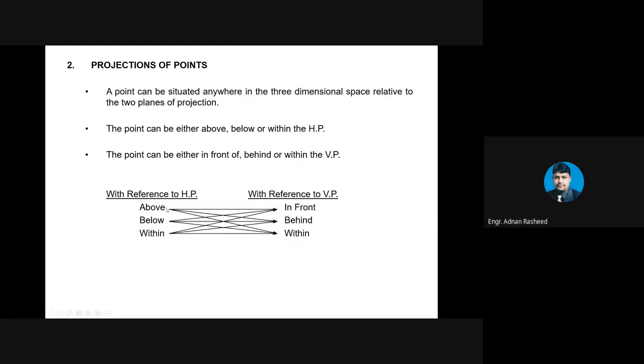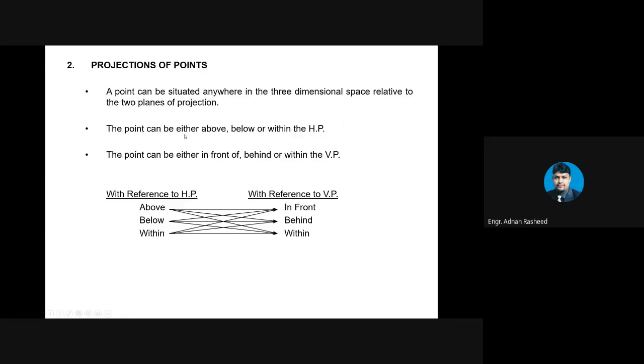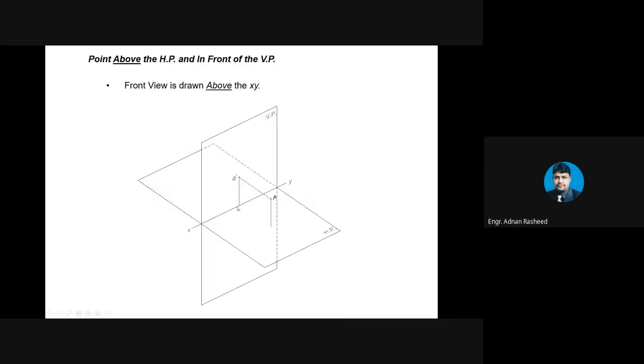For example, if the point is located here, it will be above the horizontal plane and behind the vertical plane. Similarly, a point may be above the horizontal plane and within the vertical plane. For example, if the point is over here, it means that it is above the horizontal plane and the point is within the vertical plane.